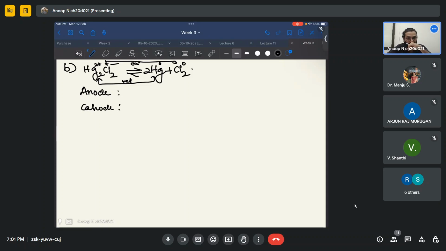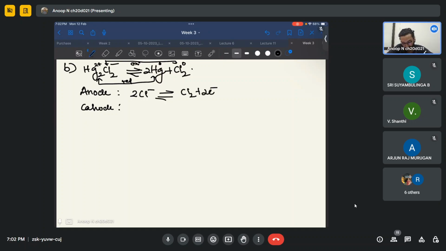It's an oxidation reaction, so chlorine is getting oxidized here. It can be written as 2Cl minus giving Cl2 plus 2 electrons. What will be the cathodic reaction?